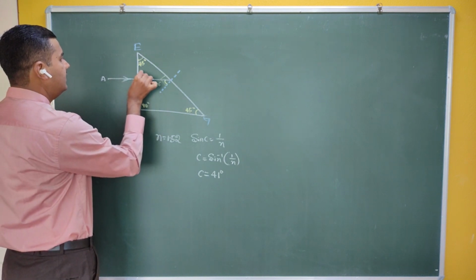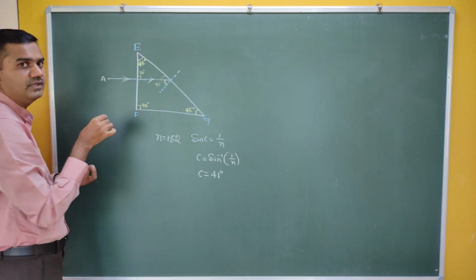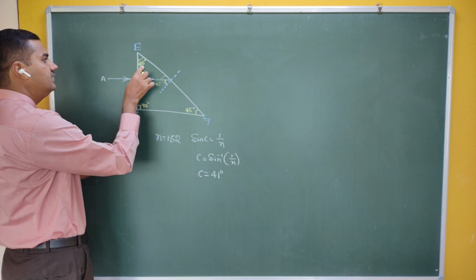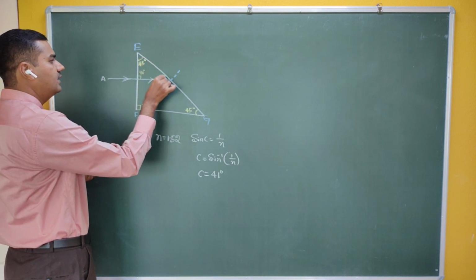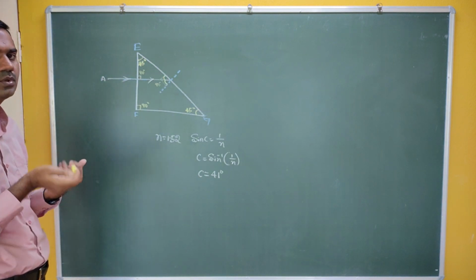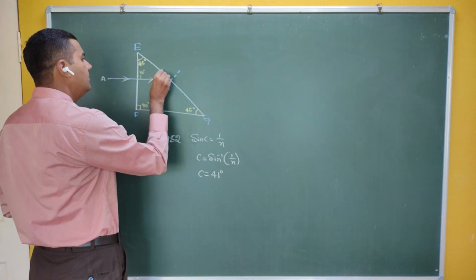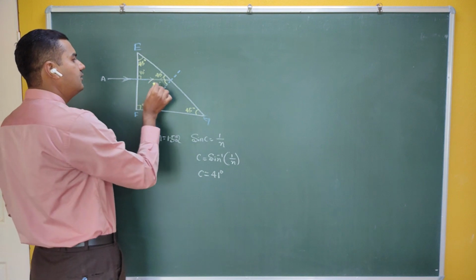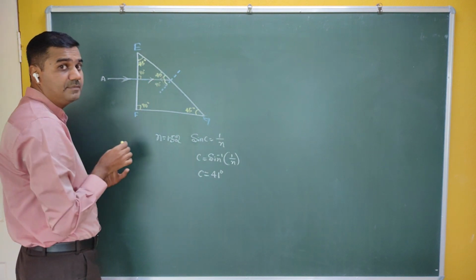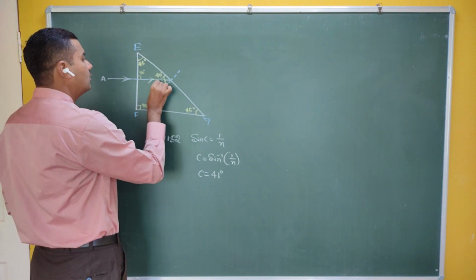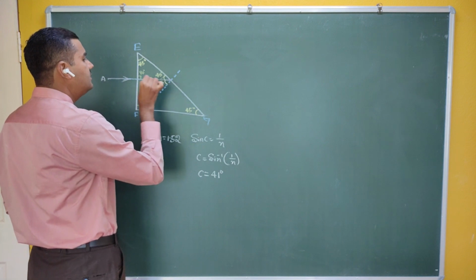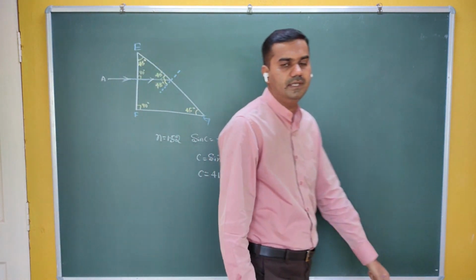This angle is 90 degrees, so if this angle is 90, the other is 45. The sum of the interior angles should be 180 degrees, therefore this angle should also be 45 degrees. If this angle is 45 and the total angle with the normal is 90, then this angle also becomes 45 degrees.